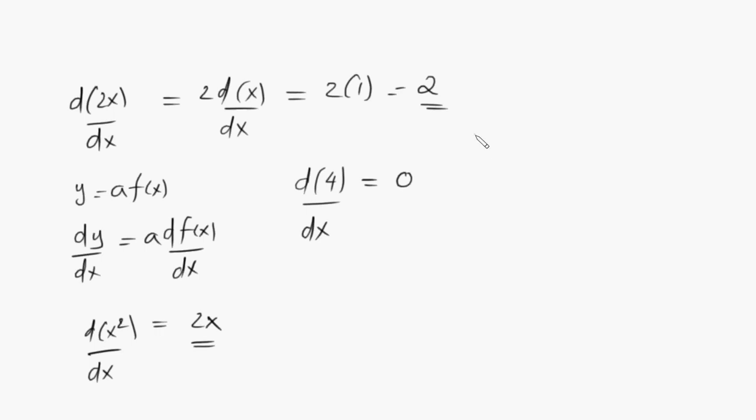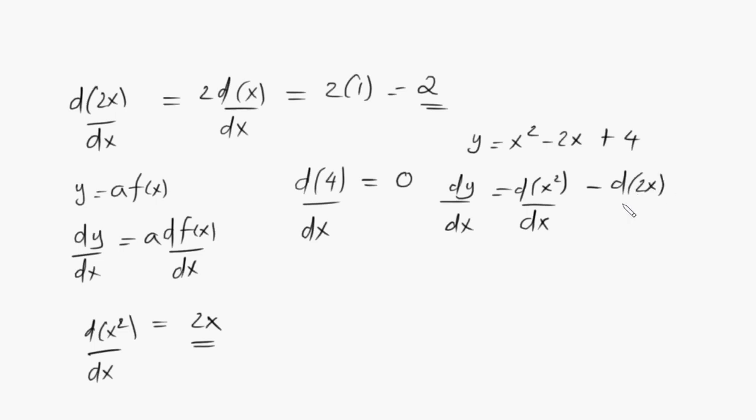So what was our function again? Our function was y equals x squared minus 2x plus 4. Na tukagundua kwamba dy/dx ni sawa na d(x squared)/dx minus d(2x)/dx plus d(4)/dx.